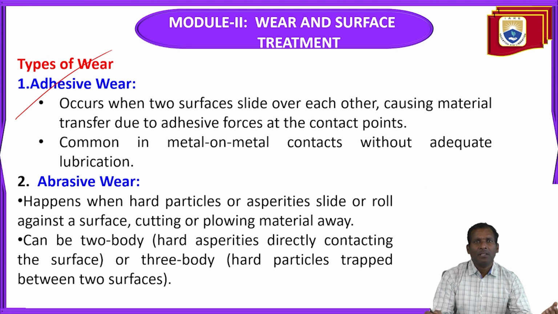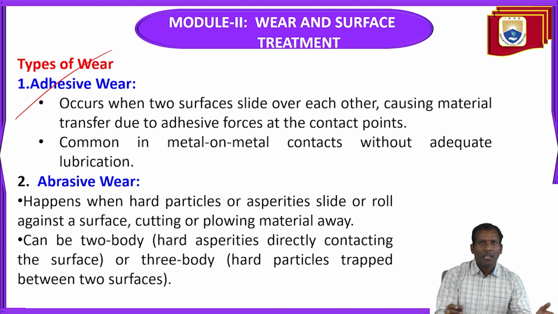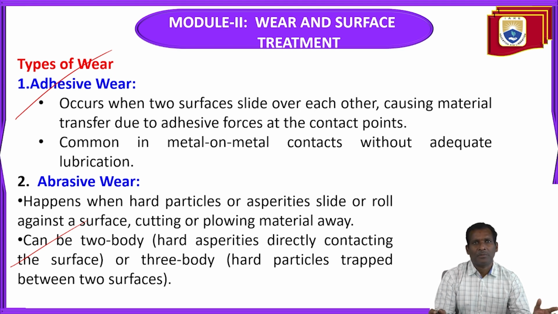Abrasive wear happens when hard particles or asperities slide or roll against a surface, cutting or plowing material away. It can be two body, hard asperities directly contacting the surface, or three body, hard particles trapped between two surfaces.